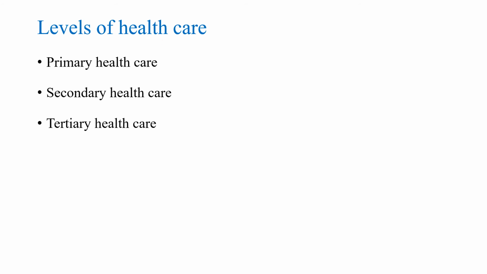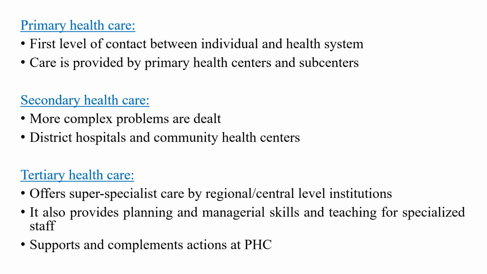Levels of healthcare: primary healthcare, secondary healthcare and tertiary healthcare. Primary healthcare is the first level of contact between the individual and the health system. For example, in a rural area, if rural people want any healthcare facility, they will visit the primary health center. So that will be primary healthcare. Care is provided by primary health centers and sub-centers.